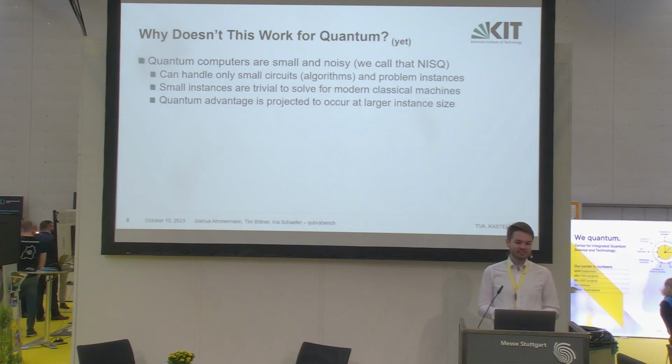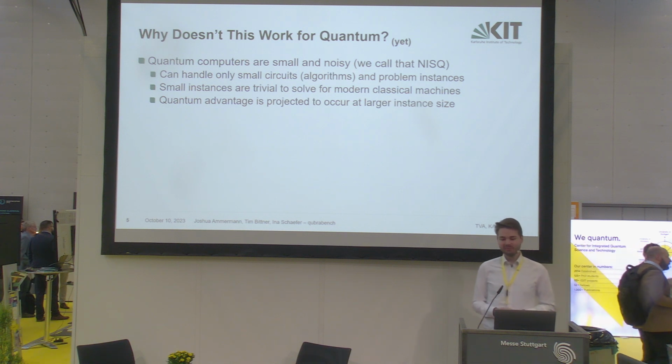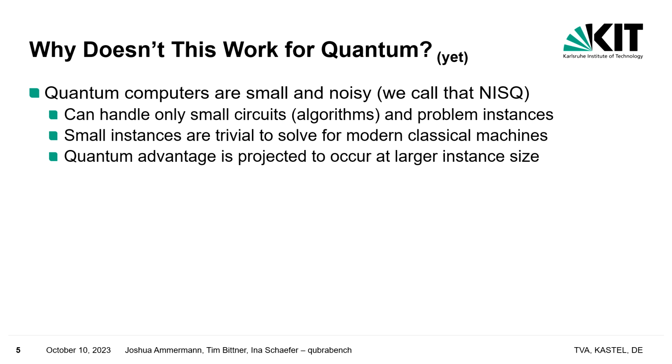Why doesn't this work for quantum yet? Quantum computers are small and noisy. We call that NISQ, noisy intermediate-scale quantum computing. That means they can only handle small circuits, that means small algorithms, and small problem instances. Small instances, on the other hand, are trivial to solve for modern classical machines, so honestly, what's the point of even bothering with quantum benchmarking then?